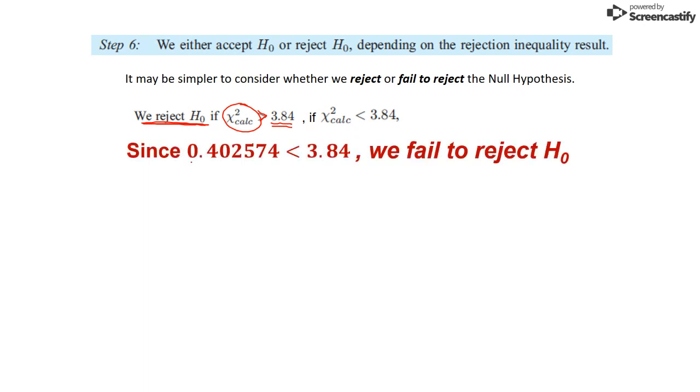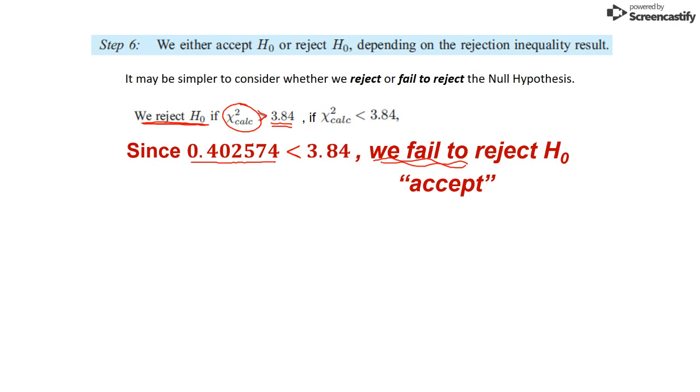Since our calculation is 0.402574, that is less than 3.84, we say we fail to reject. That is a fancy way of saying we accept the null hypothesis. We have failed to show that the null hypothesis is false.